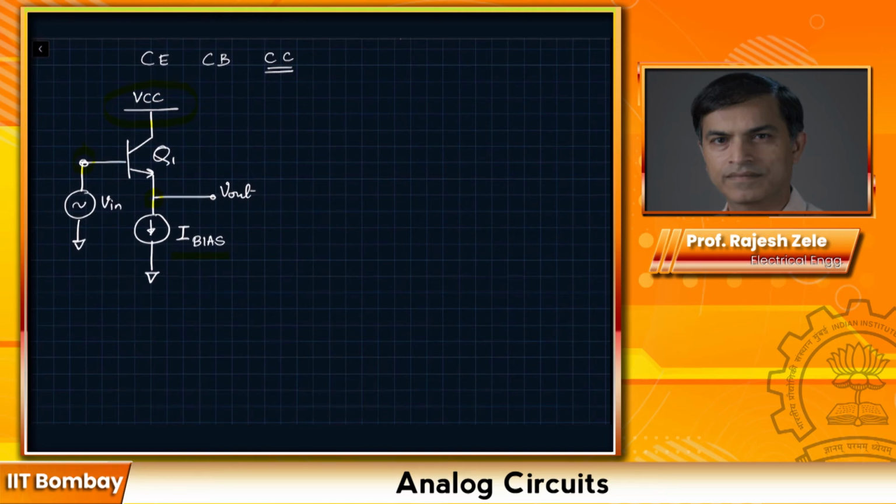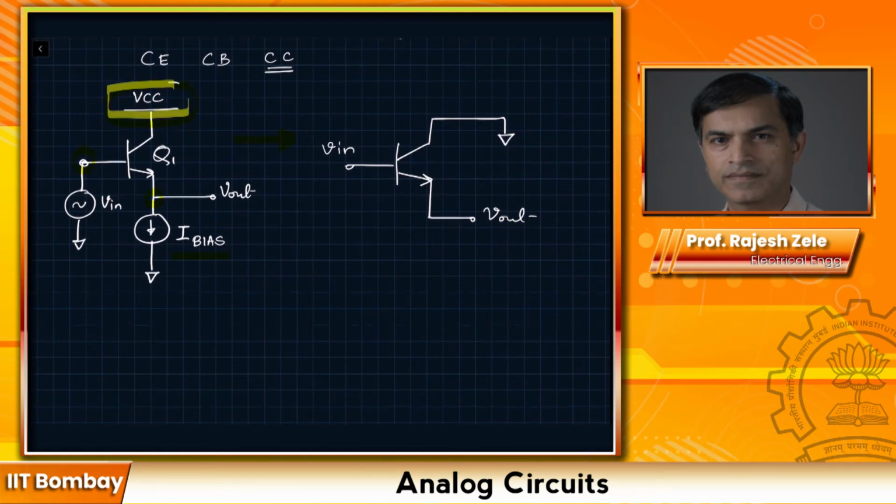Now from this you can go to the AC analysis, simple model. From the AC point of view, we would connect this collector to ground over here, and the constant current source I bias becomes an open circuit, and hence we don't have anything connected over here.